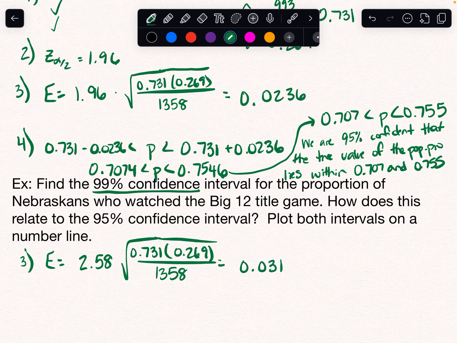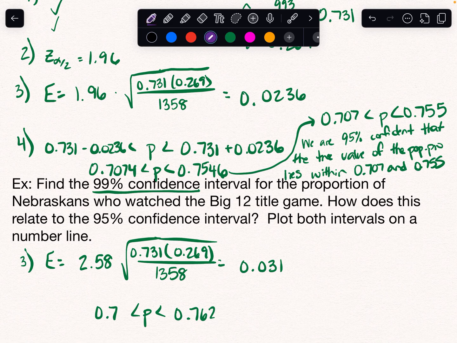Okay, so then if I make my inequality here, I'm adding my margin of error to 0.731. Okay, and I got 0.762. And I could subtract my margin of error from our sample proportion, and I got 0.7.